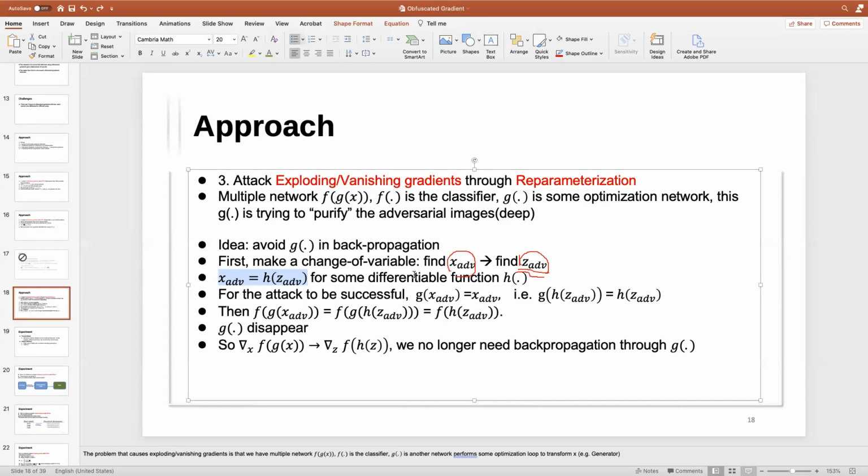From my understanding, I think you need to define H here first, and then Z would be H inverse of X, right? And what can this Z be used for? For example, I have a decoder function.